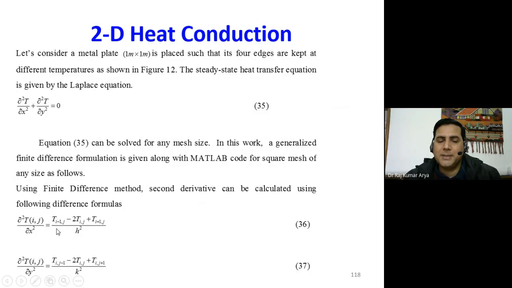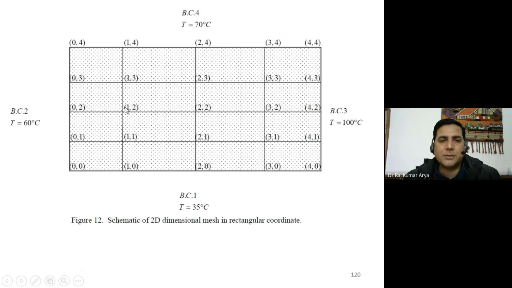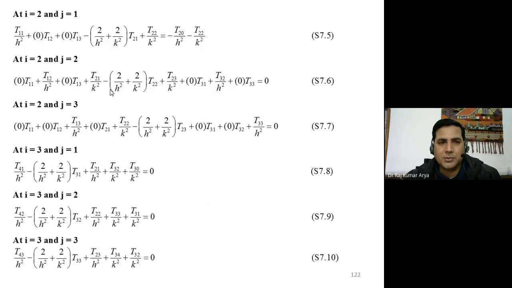The main equation would be (T(i-1,j) - 2T(i,j) + T(i+1,j))/h² plus the similar term in k. This would come here, then this would also go here. Total would be one equation only. I forgot to write it here. So that would be your total equation.